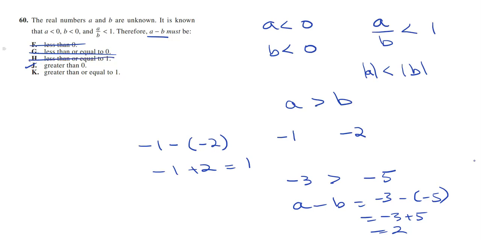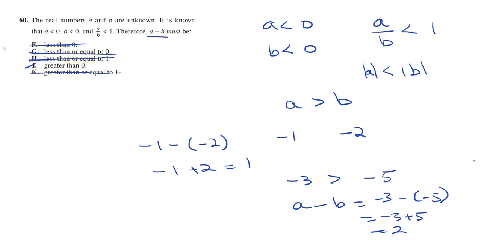Greater than or equal to 1, not necessarily. I mean, this is a good answer. It's not necessarily greater than or equal to 1, because we can see instances where it's 1, we can see instances where it's greater than 1. So you could fall for this as a possible answer choice, but the best answer choice that satisfies both scenarios is that our value is greater than 0.